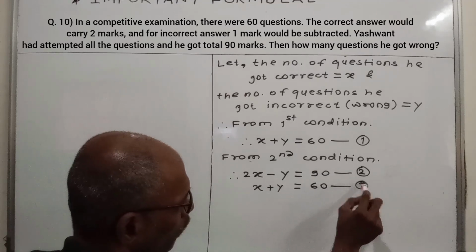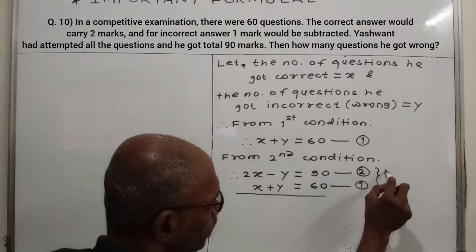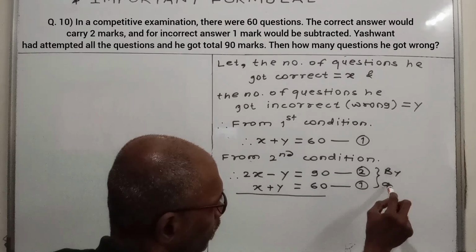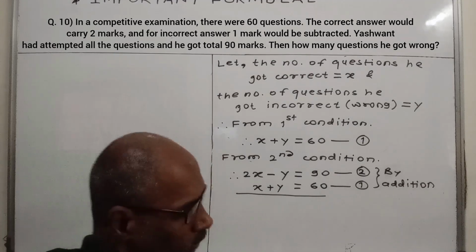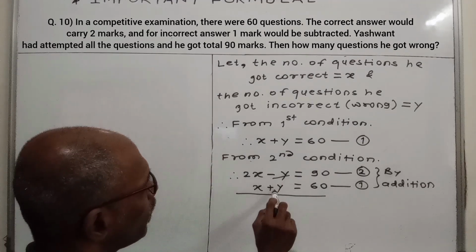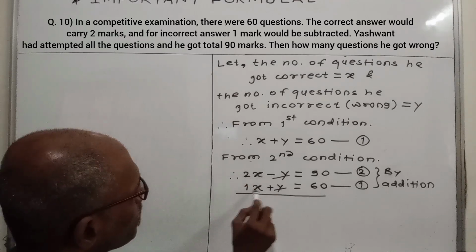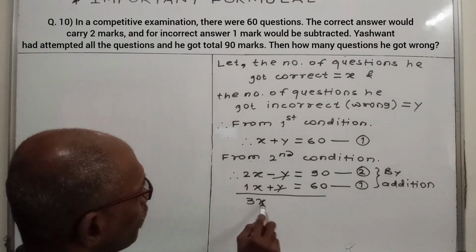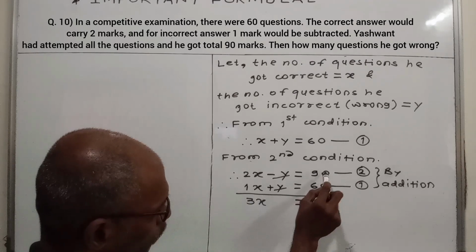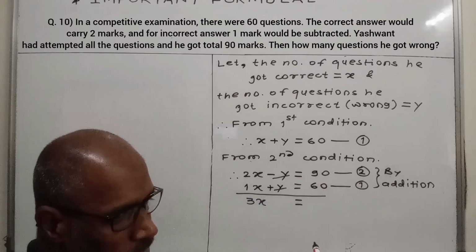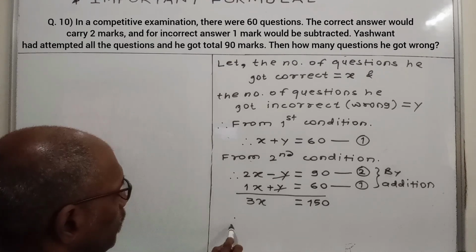Equation number 1. Now signs are opposite. Therefore, by addition, minus y plus y cancelled. Here 2x plus 1x is equal to 3x is equal to 90 plus 60, 150.